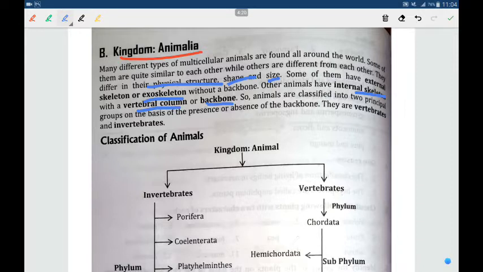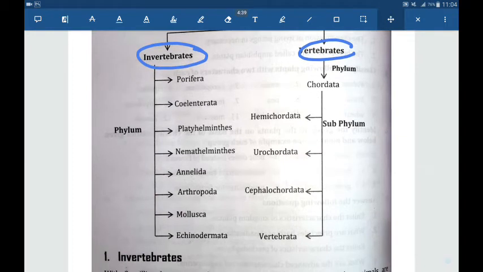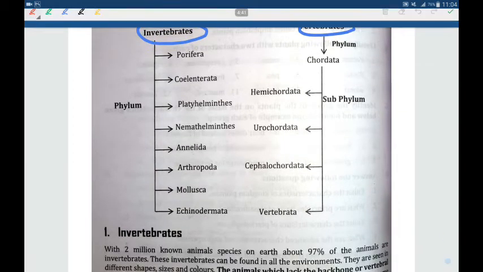So students, the animal kingdom is mainly divided into two groups. What are they? Invertebrates and vertebrates.